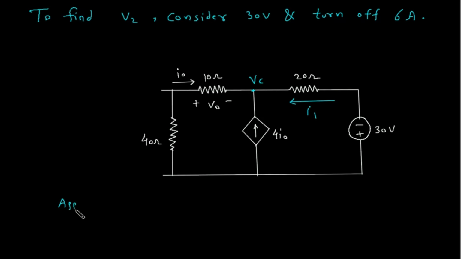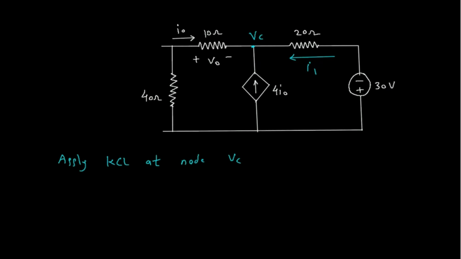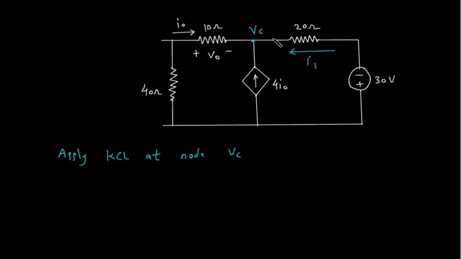So apply KCL at node VC. When we apply KCL at node VC, all the currents are entering. So I0 plus 4I0 plus I1 is equal to 0. So I0 is equal to, this is a reference node, so this will be 0 minus VC by 40 plus 10, which is 50.